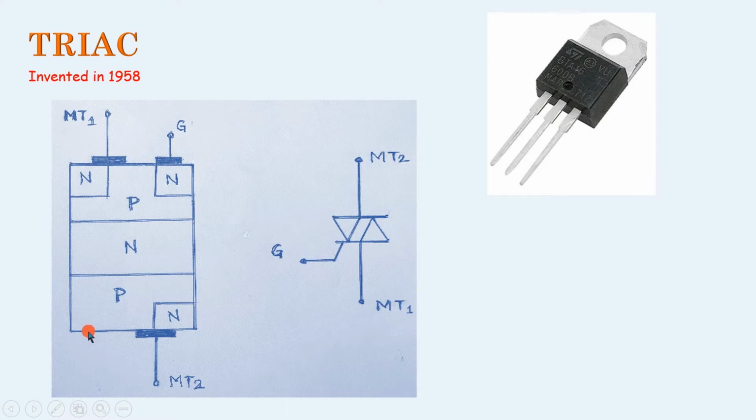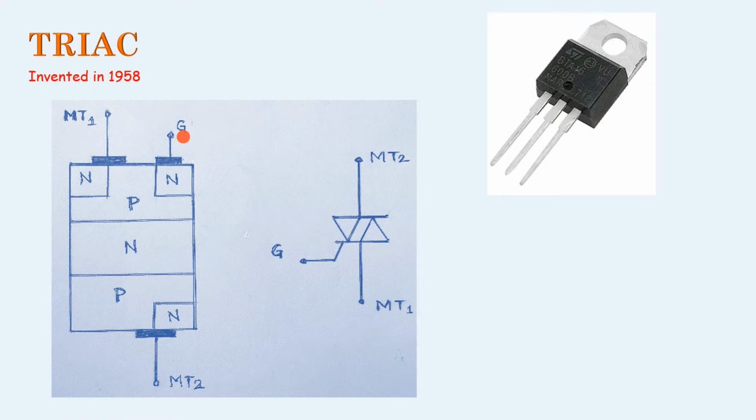This is the construction of the TRIAC. See that this is MT1, main terminal 1, and this is main terminal 2. If MT2 is positive, then you will find there is a PN junction, and current can flow in this direction if the gate is made positive.